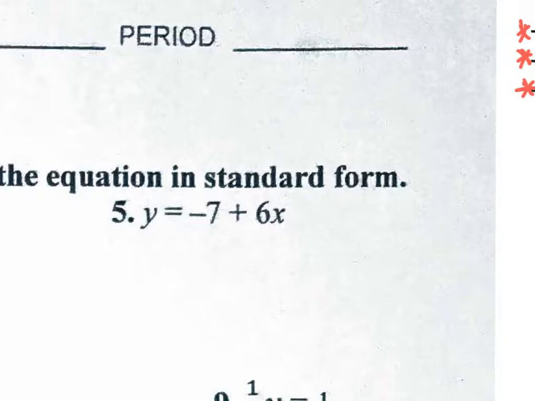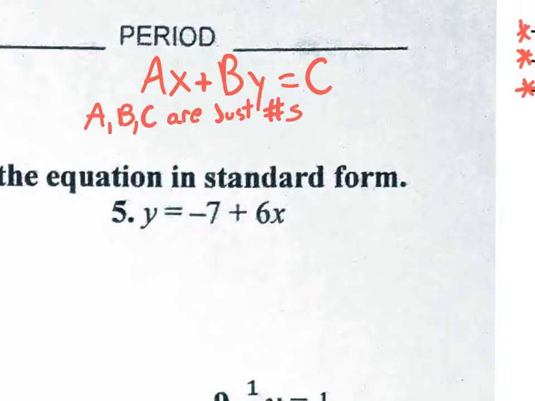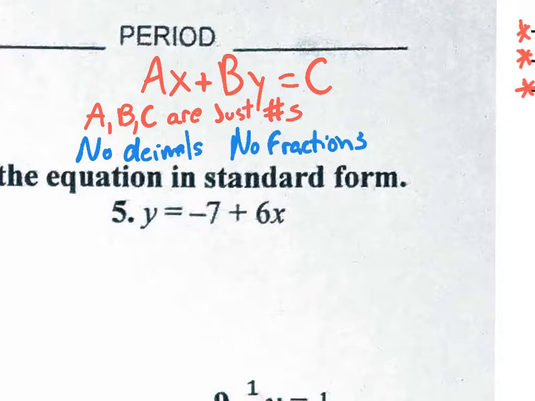Standard form is when you have the x and the y on one side: capital A x plus capital B y equals capital C. Yes, x's and y's are on one side. A, B, and C are just numbers. They're actually integers, to be exact. Now, what does that mean, integers? That means you don't want any decimals and no fractions. That is exactly what standard form means.